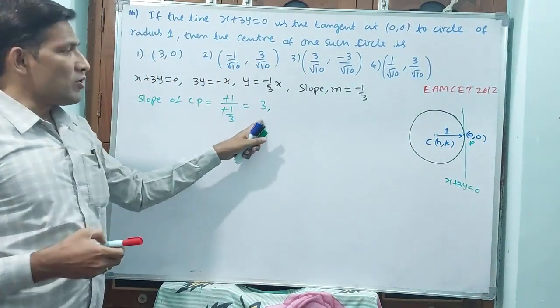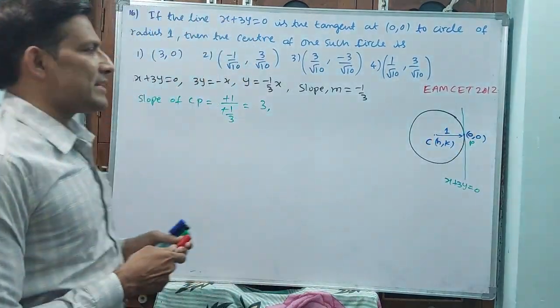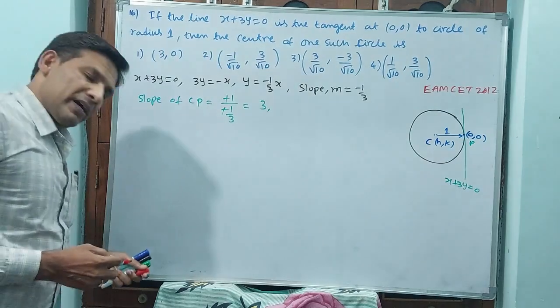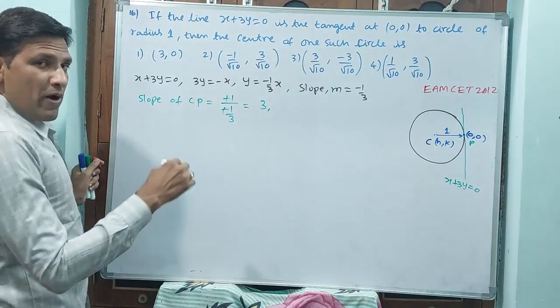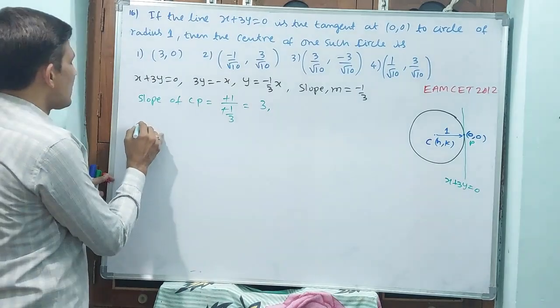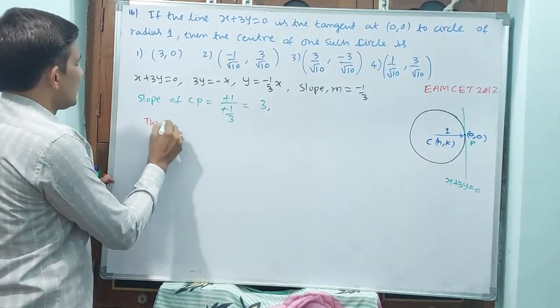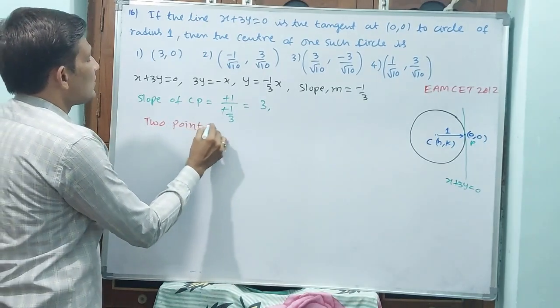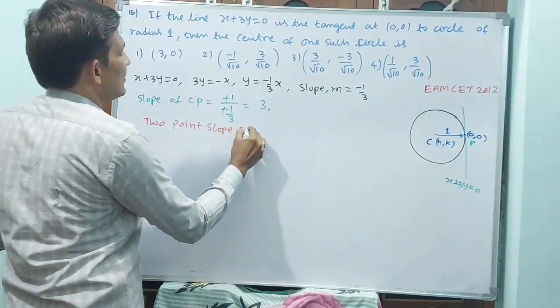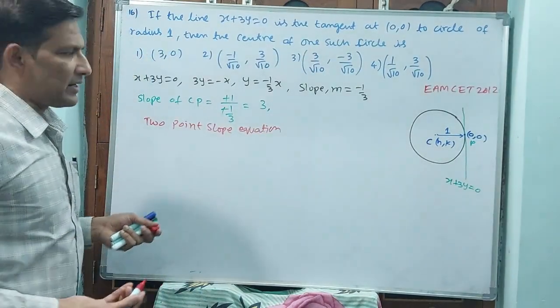You have got a slope and you have got 2 points. Even though this is (0, 0), let us take this as a point. 2 points and slope we are having, so the equation you can make. You see what I am writing. The 2-point slope equation, or else the 2-point line equation, that also you can write.